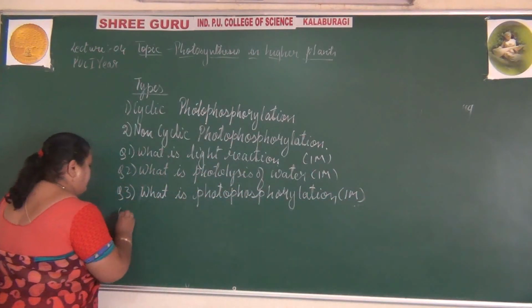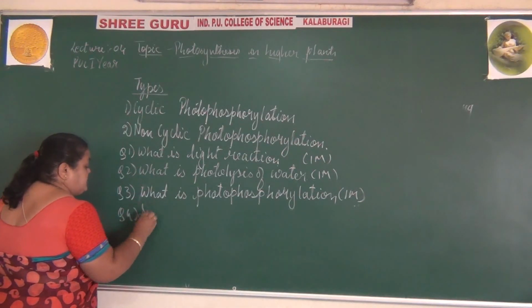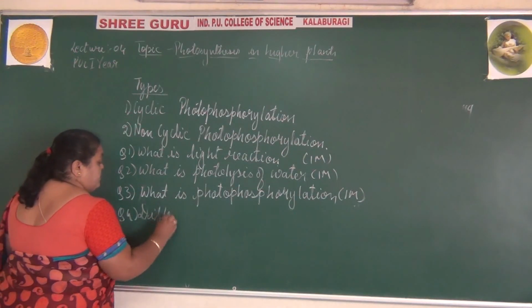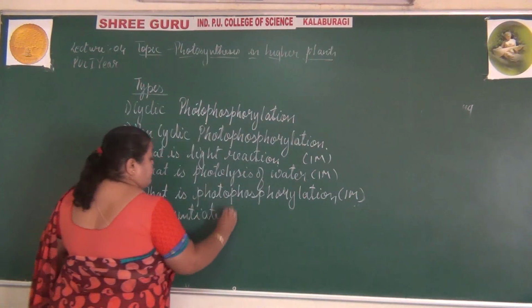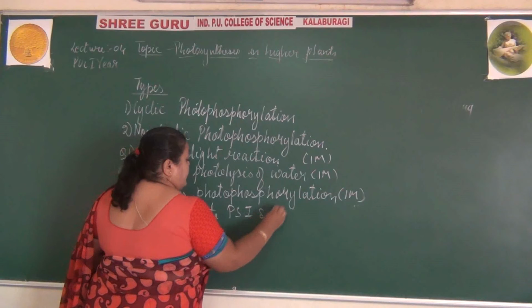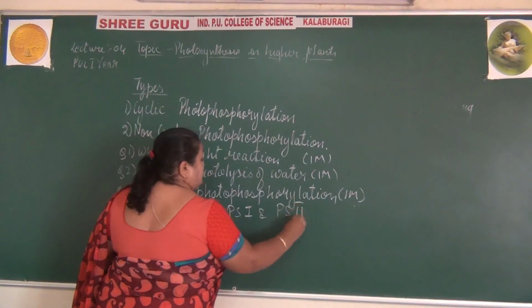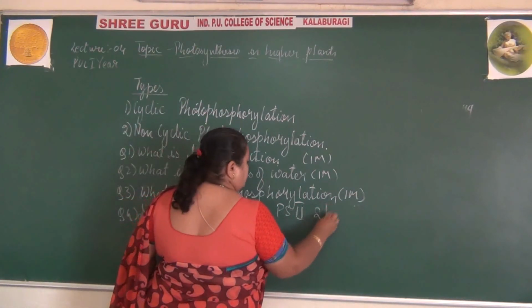Then differentiate photosystem 1 and photosystem 2, for 2 or 3 marks.